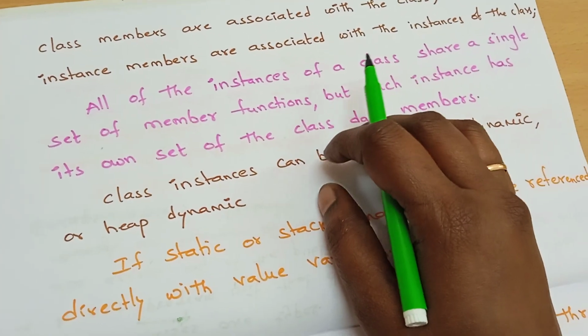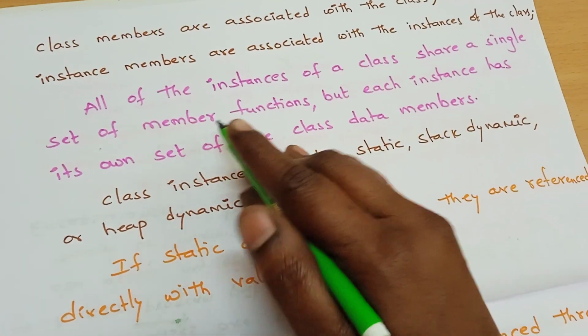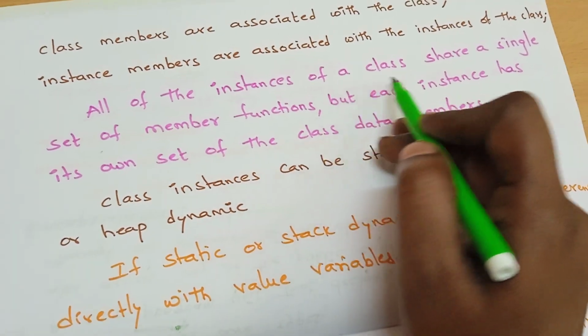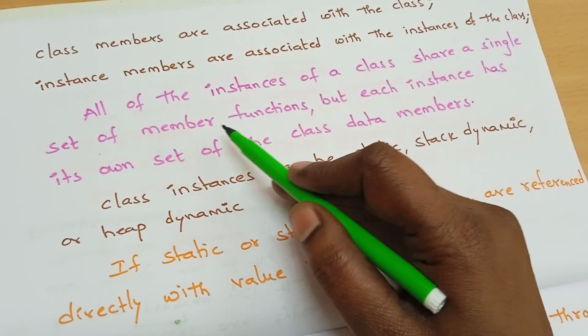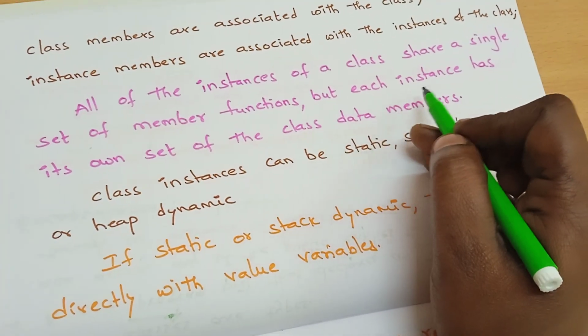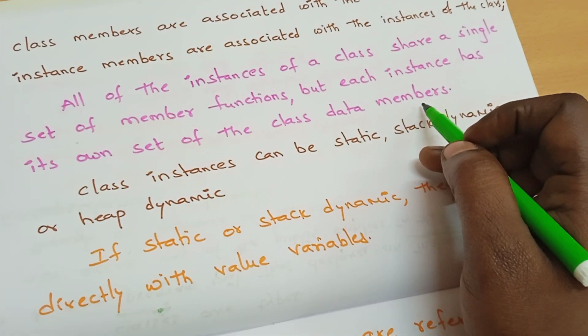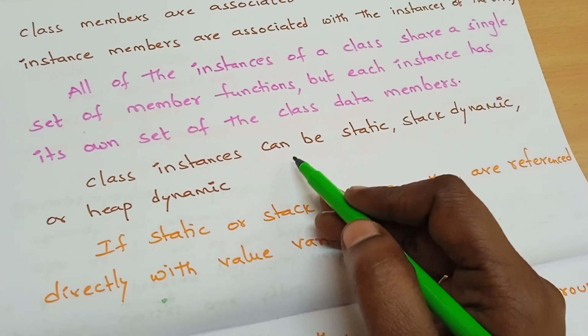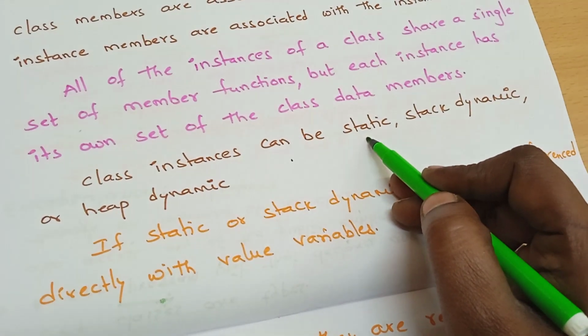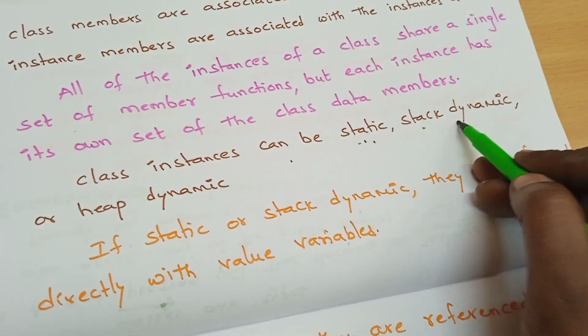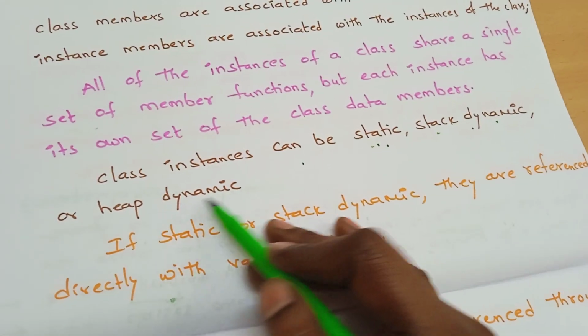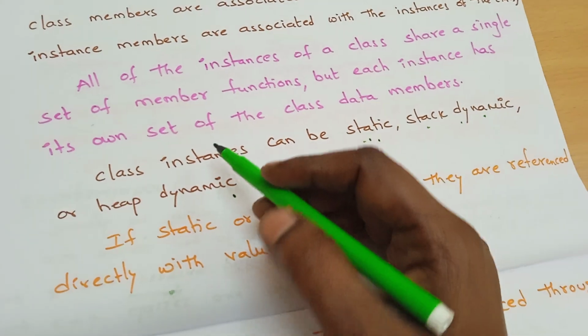These are the concepts we have to see right now. All of the instances of a class share a single set of member functions, but each instance has its own set of the class data members. Class instances can be static variables, stack dynamic variables, or heap dynamic variables.